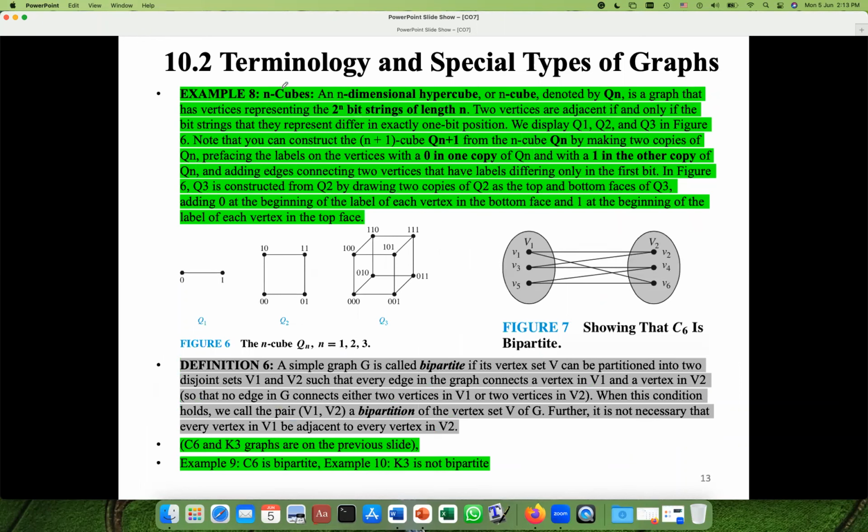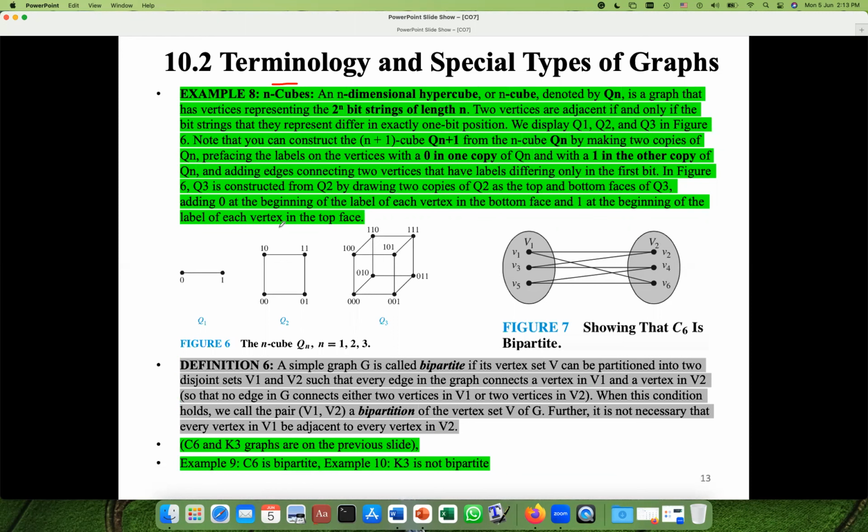N cubes. So basically, if you draw something shaped like that, that is a square, but this is basically a cube, actually, in 3D. From the title, n cubes, you can understand that you have to draw some graphs like that.